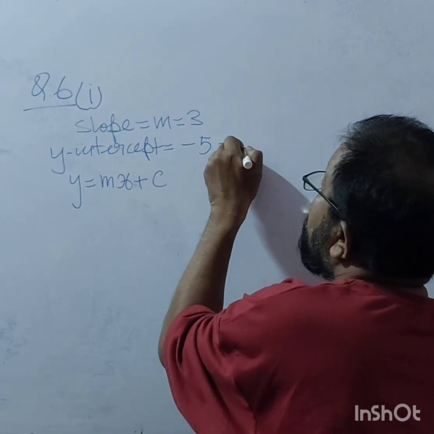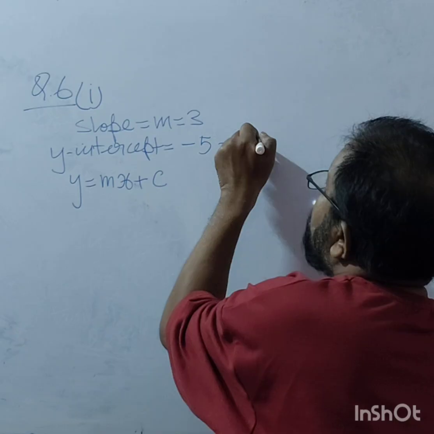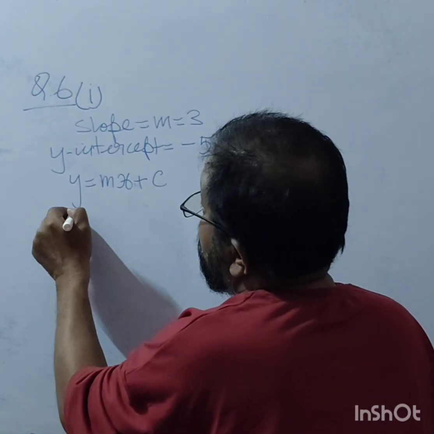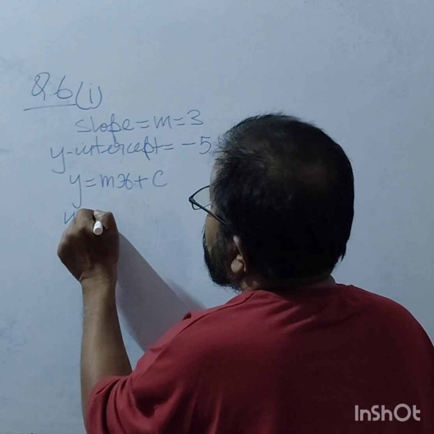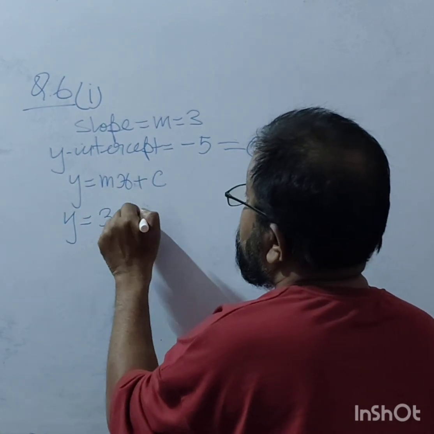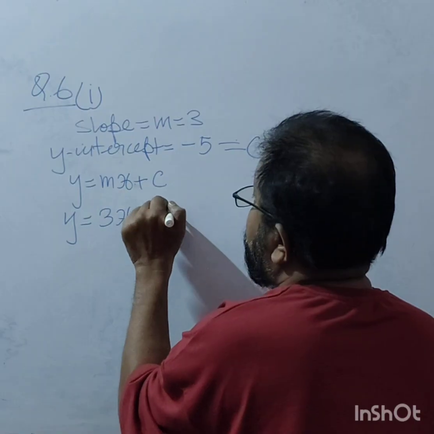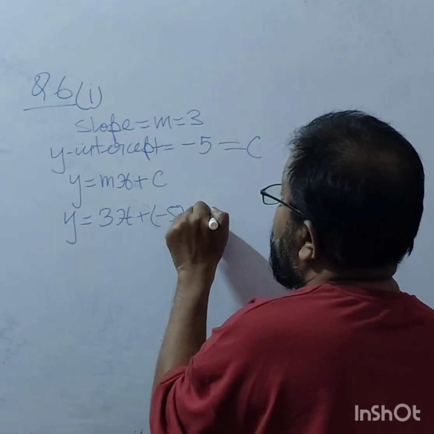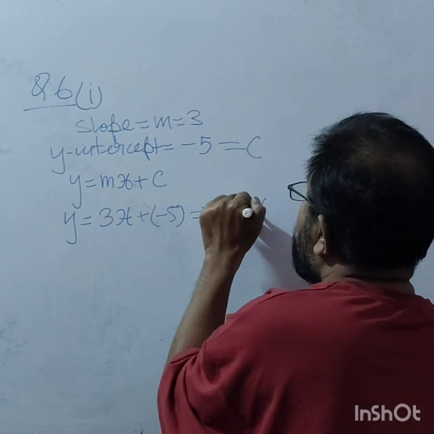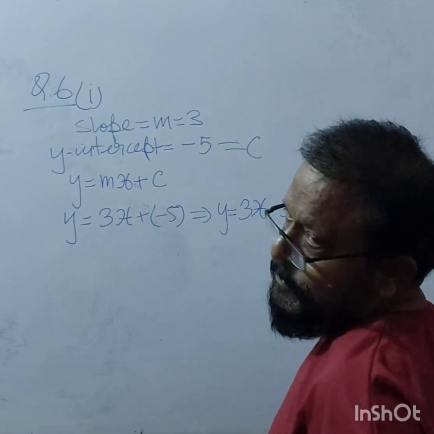This is basically c. So slope is 3, y is equal to 3x plus minus 5. So we can write y is equal to 3x minus 5.